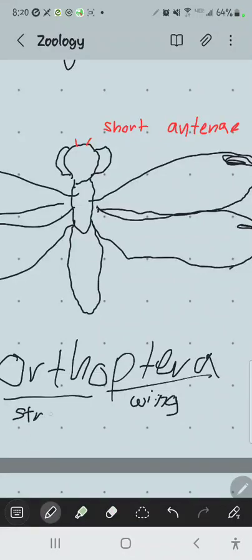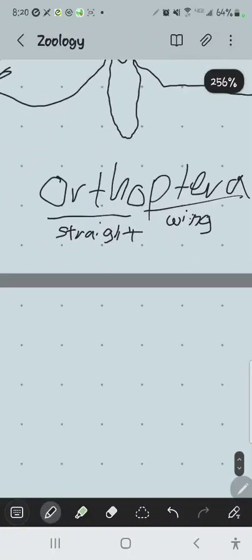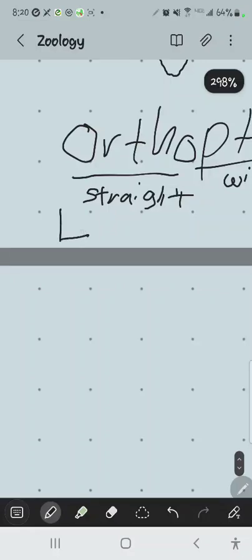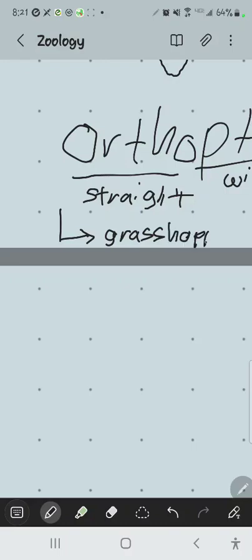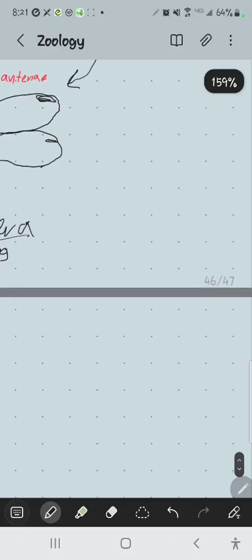And where the name straight wing comes from is in the Orthoptera, their wing, you can see here on this grasshopper, has this straight line down the back of the wing. The wings are folded over the body like an A-frame tent, and where the wings meet is usually a very, very straight line.